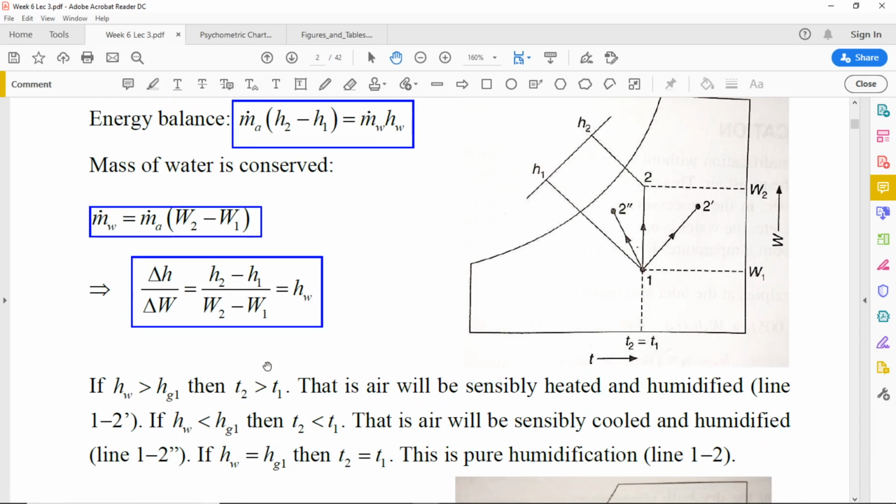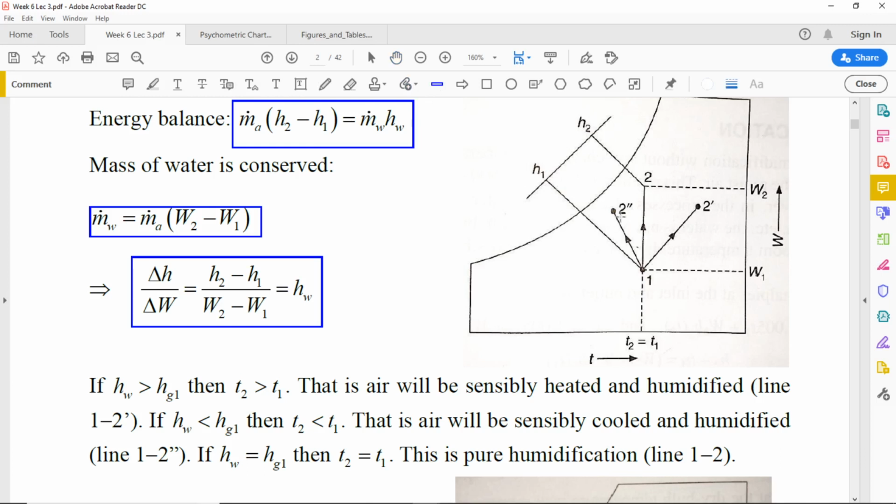This expression has a certain utility for us when we sketch the psychrometric process on the psychrometric chart. If you look at the representation of this process on the psychrometric chart, you can see that the humidity ratio at the end of the process will be higher than the humidity ratio at the initial state.